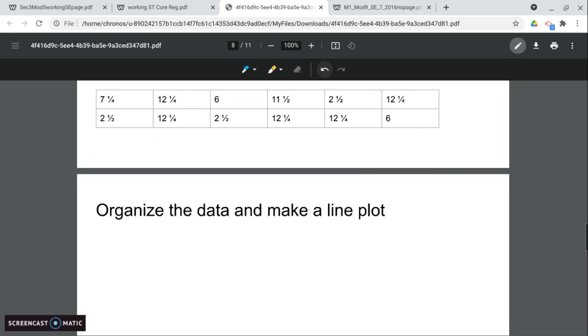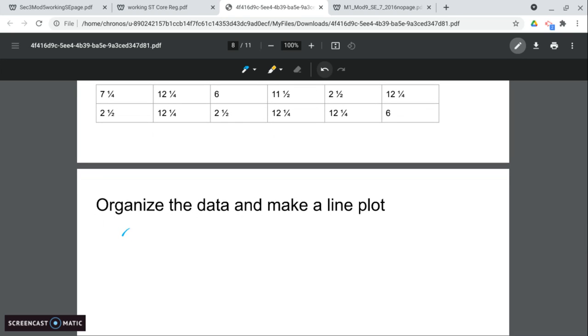So the smallest value we have is the 2 1/2, and it looks like we have 1, 2, 3 of them. We have 6 is our next value. We've got 1, 2 of them. Let's see, 7 1/4, but there's just 1.